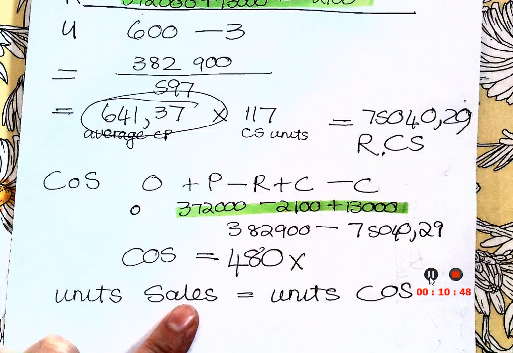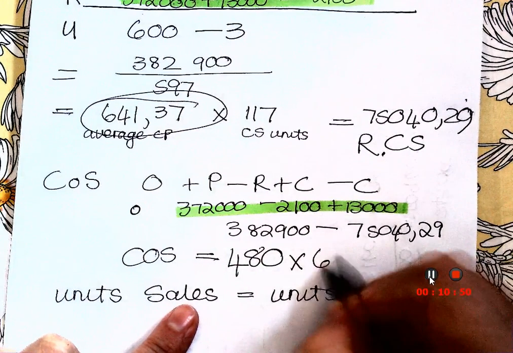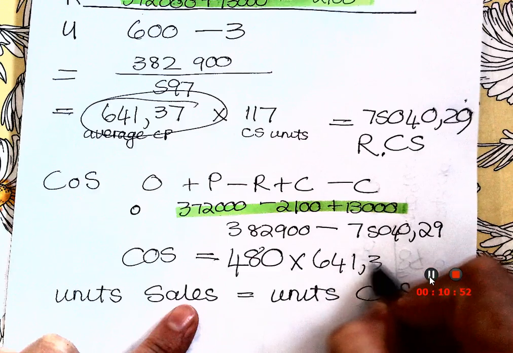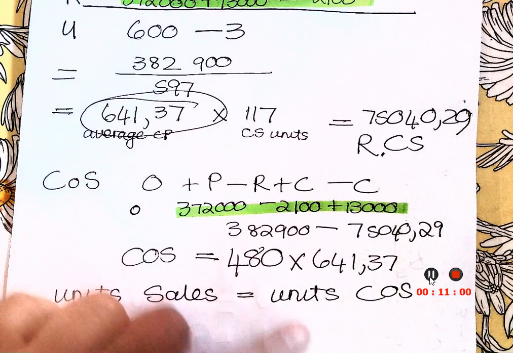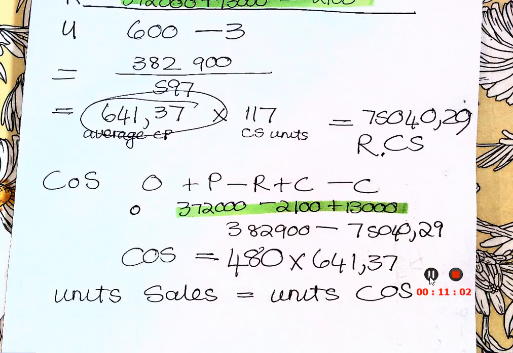That's the average cost price. So if I times it with the average cost price, I will get my cost price of the units that I sold. They will most probably not be equal because of all the rounding off. But yeah, both methods is correct.